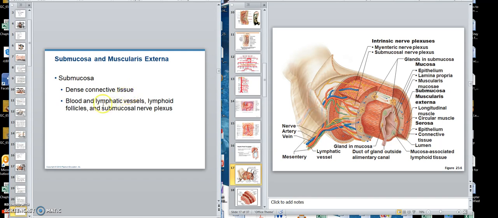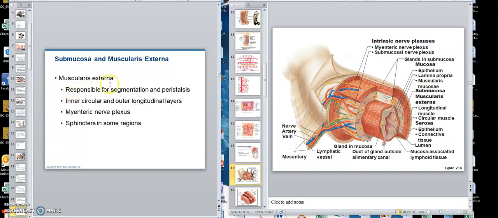Submucosa, dense connective tissue. Okay, let's go back. Dense connective tissue, what you have are lymphatic vessels in there, lymph follicles, and so forth. Muscularis externa for segmentation and peristalsis.